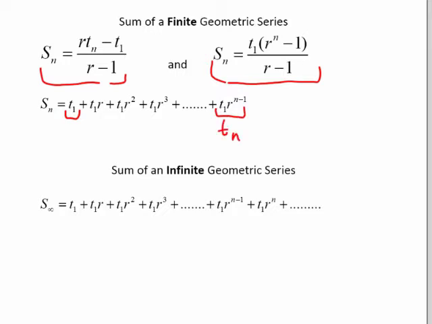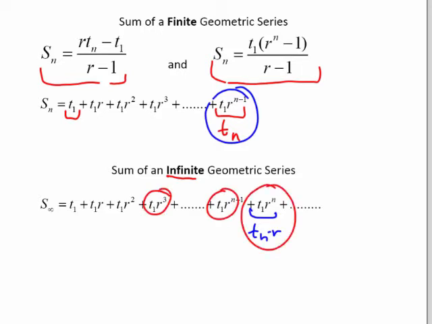Now we can extend this to an infinite series by continuing on by multiplying by r. So that would be t1 r to the n, which is the same thing as tn times r, and so on. And so if we look at each of these terms approaching 0, we can say these terms eventually get so small that they're almost 0.